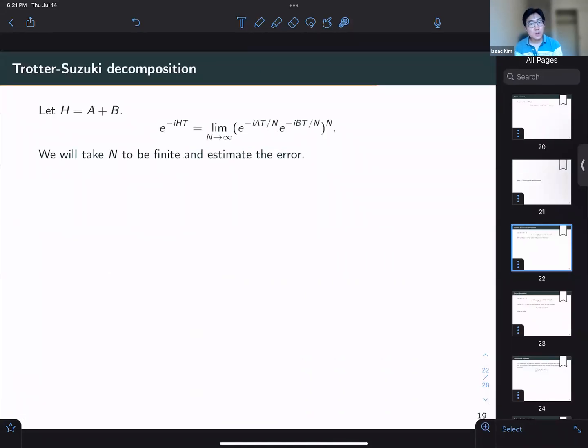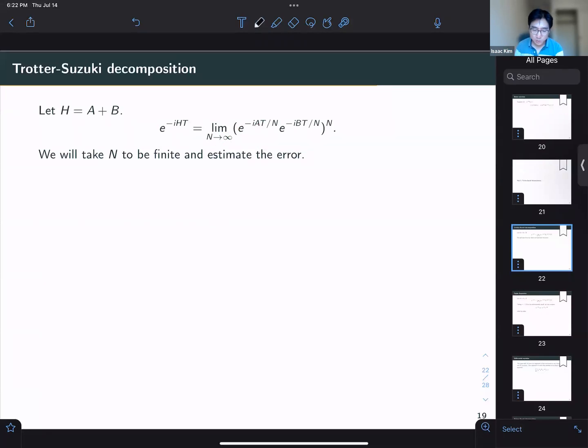So here's a single formula that explains the Trotter-Suzuki decomposition. The thing that we actually want to do is apply e to the minus iHt, and we can do this by basically taking the n goes to infinity limit of this formula.